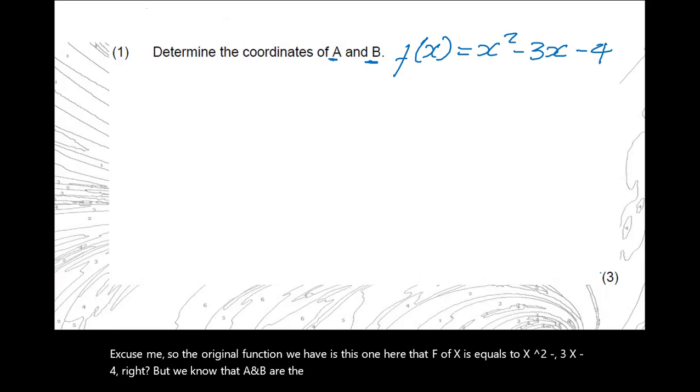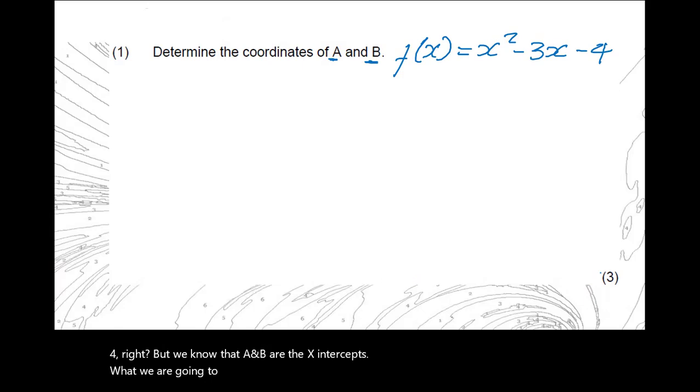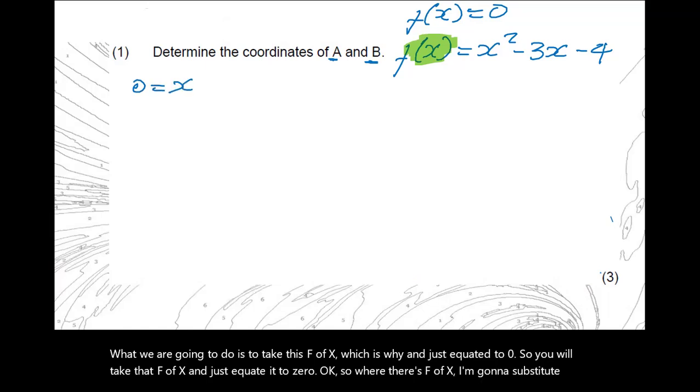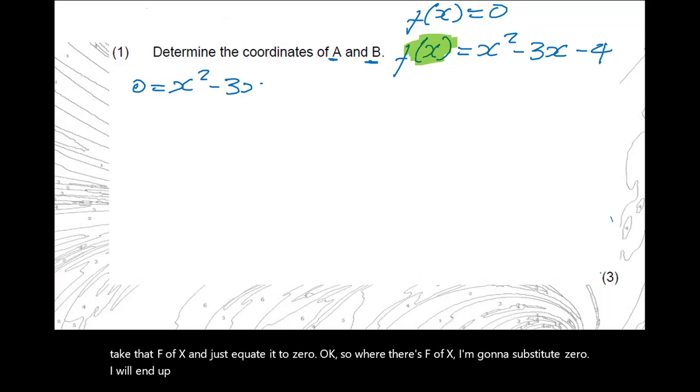What we are going to do is take this f of x, which is y, and just equate it to 0. Where there's f of x, I'm going to substitute 0. I will end up having this equation here.